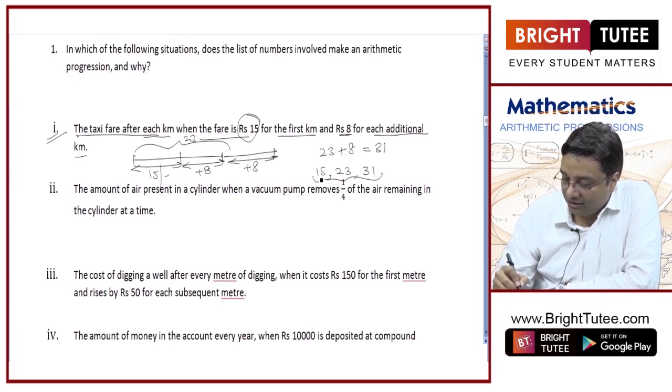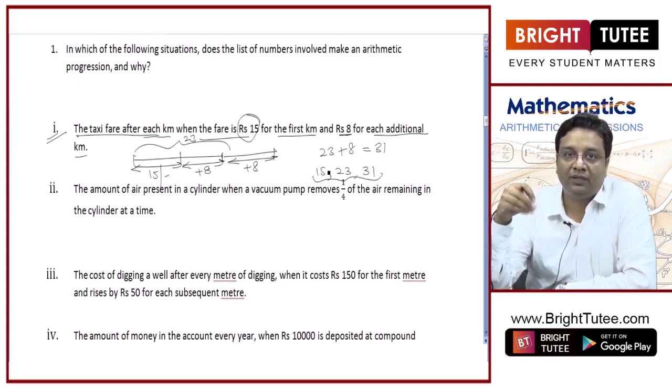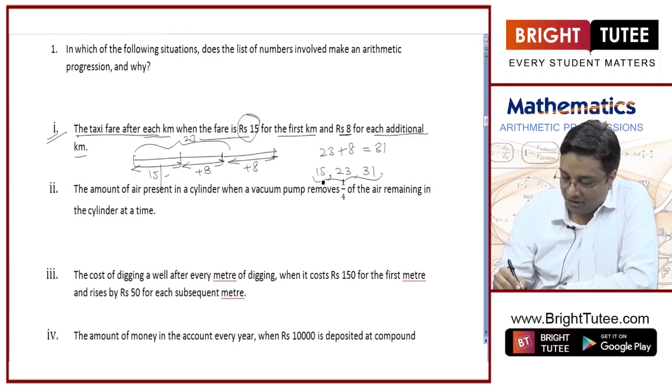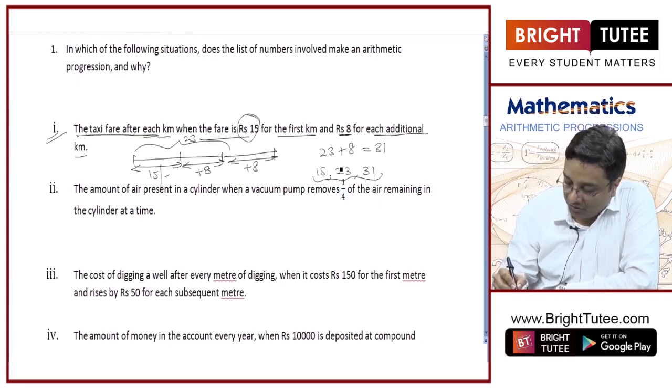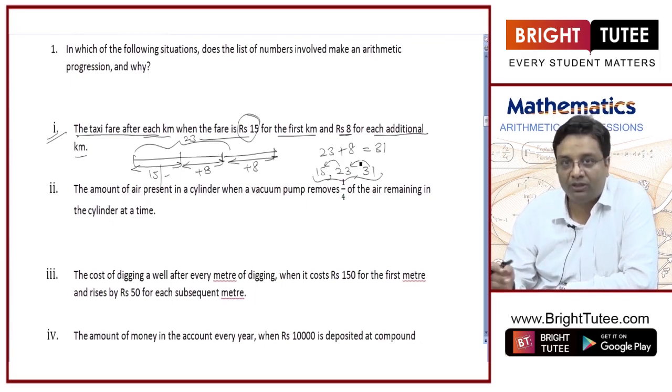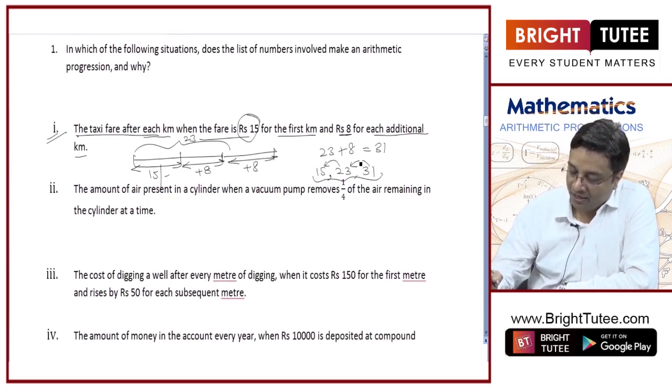And students, 3 terms are enough to know whether the sequence is following a certain pattern or not. For example, in these 3 terms, 23 minus 15 gives 8, and 31 minus 23 will also give 8, because we got these terms by adding 8. So 8 is the common difference.